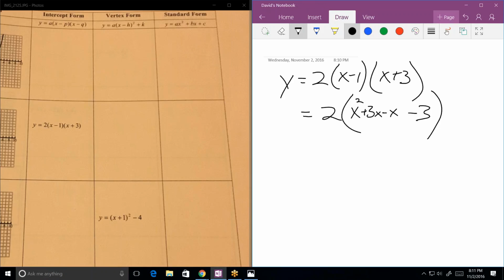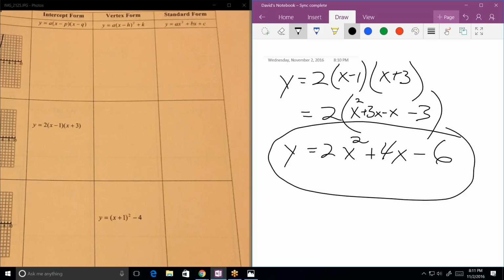Simplify that first. Then it'd be y is equal to 2 times x squared plus 2x minus 3. The plus 2x gets multiplied by the 2 to become plus 4x, and the 2 multiplies the minus 3 to become minus 6. So there's standard format.